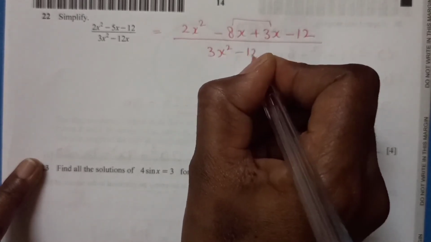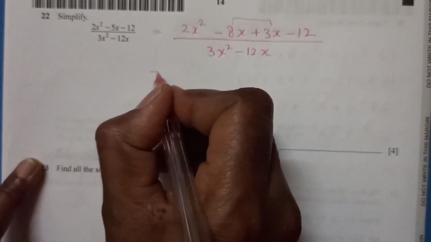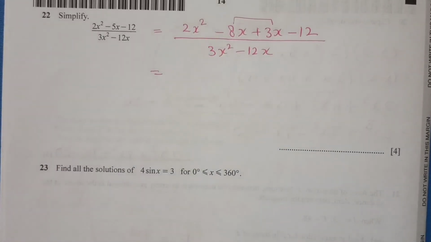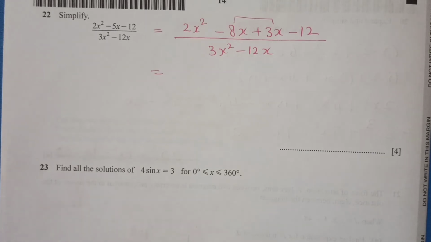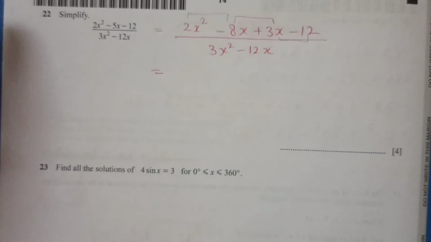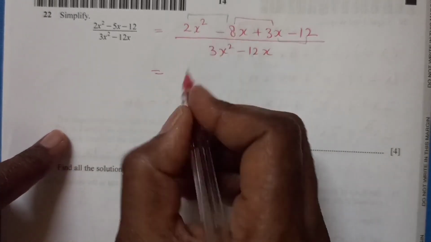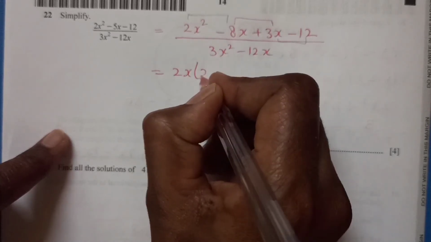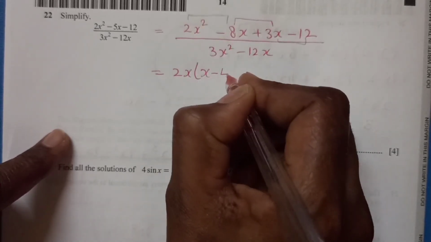Now from here, in the first two terms, we have to check what is common inside. In the first two, 2 is common and x is common. So inside we are left with x, here minus 4.